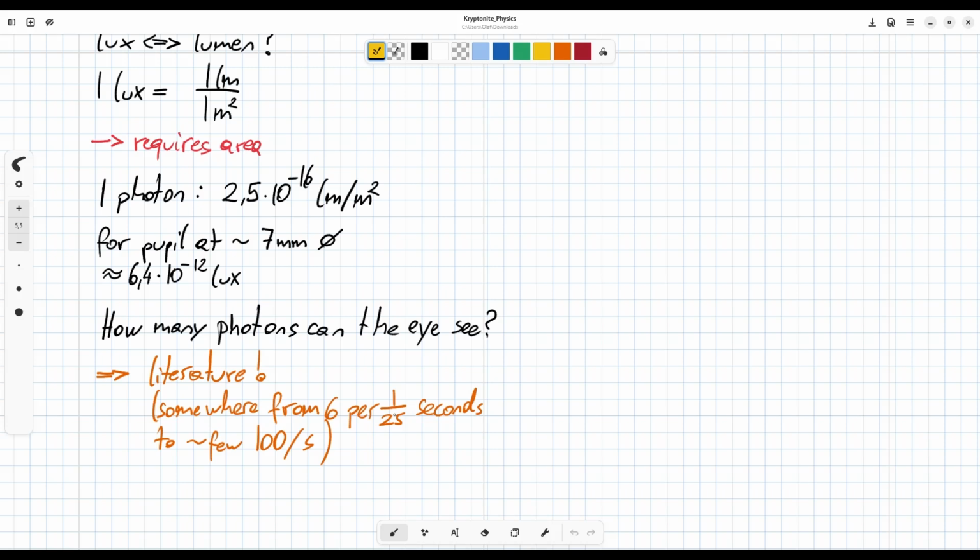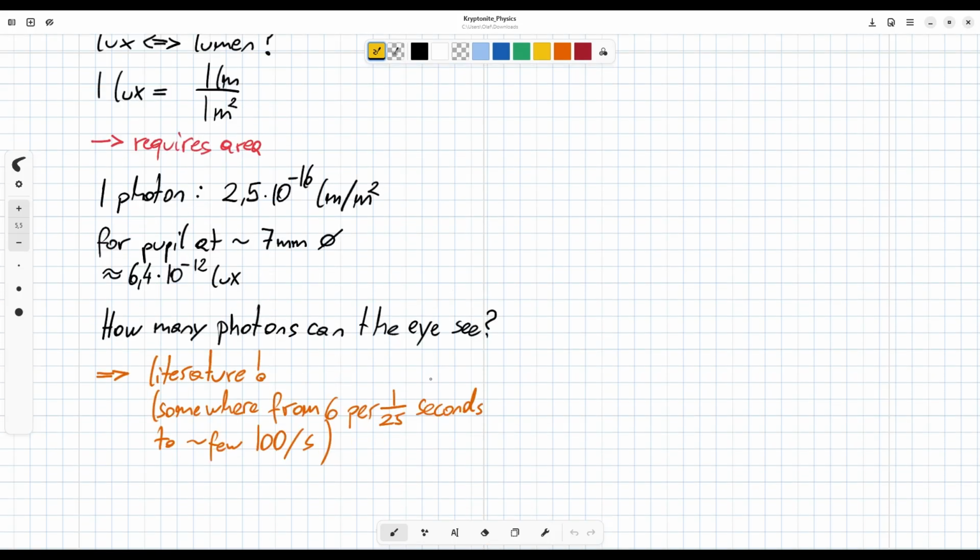The research that I have done, and that I will link in the description of this video, shows it to be somewhere in between, because human vision processes things we see in roughly a 24th of a second. So within this time frame, we need to get enough photons to perceive this thing as there. Depending on literature, I find somewhere between 6 photons per 1/25th of a second to a few hundred photons per second.